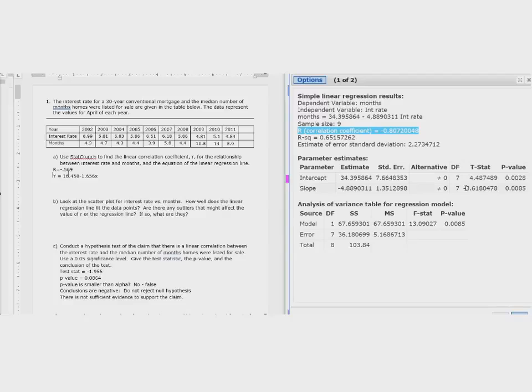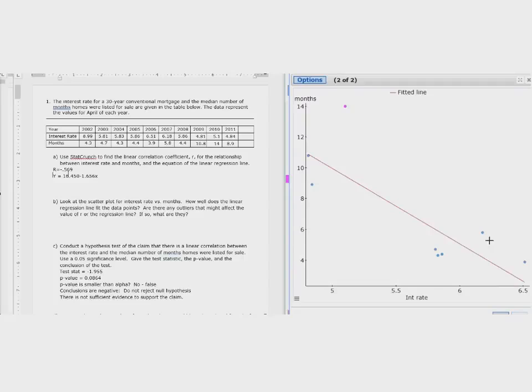We can look at our test statistic down here, which is negative 3.62, and our p-value is 0.0085. So our p-value is much smaller than it was in the first question. If we look at our scatter plot, with so few data points it's kind of hard to tell how well this fits the data, but most of the points are a little bit closer to the regression line.